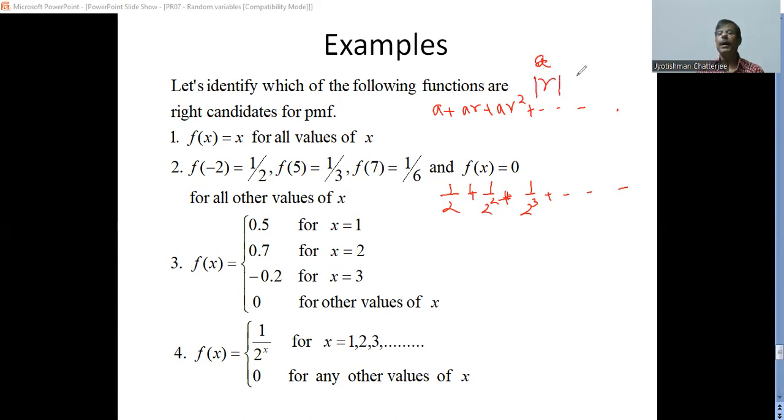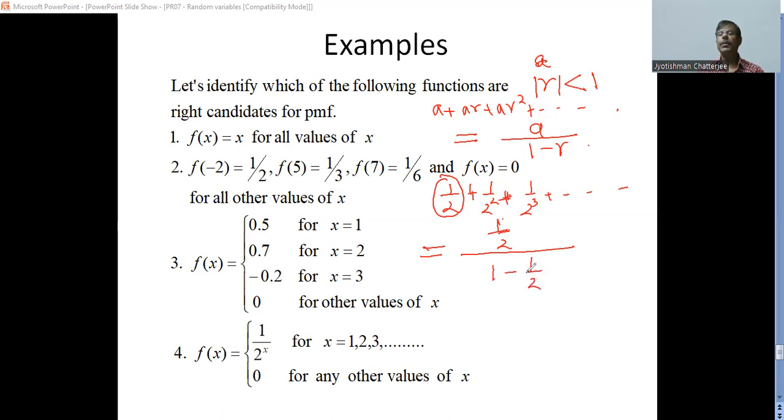When mod r is less than 1, that is, r is strictly between -1 and 1, this infinite series adds up to a by 1 minus r. That we know. So what's the first term here? First term is 1 by 2. What's the common ratio? That's again half.